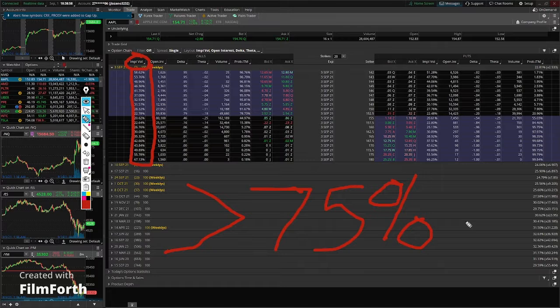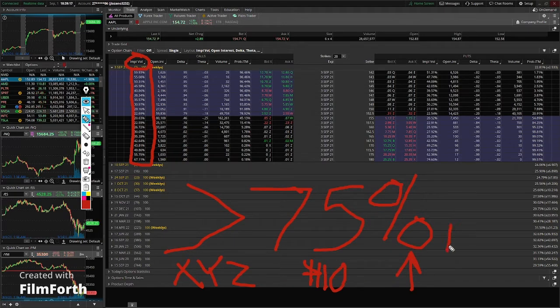If the implied volatility is greater than 75%, you're going to have trouble making money on the option. Let's say you made a bet that you thought stock XYZ, that's currently trading at $10, was going to go up today. So you bought a $12 call option. But the implied volatility was 95% or greater.